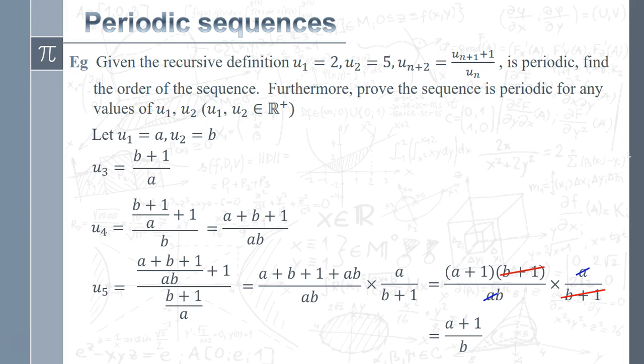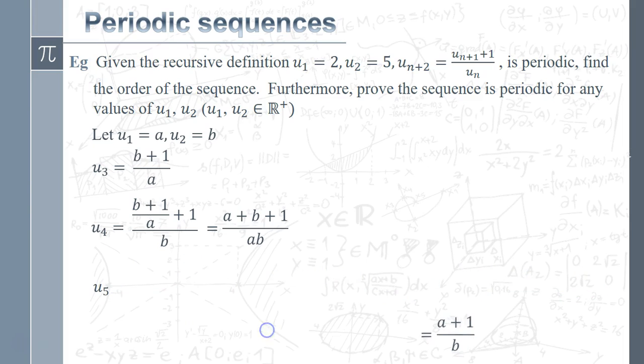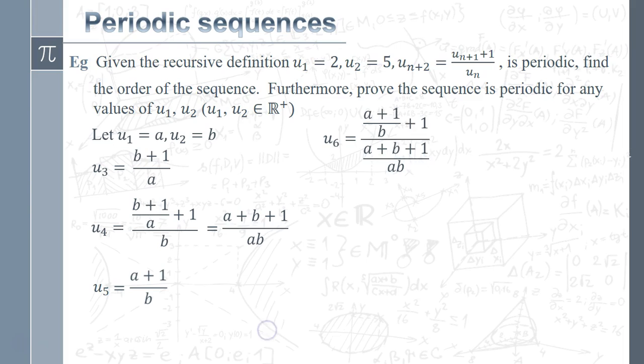What we've got to do, we are looking for this to become periodic, so we're looking for this to get back to a term at some point being a and a term at some point being b. We're going to have to keep going. We're at u5. If we remember rightly from the previous slide, this is when it started repeating, so hopefully, let's see what happens. There we go, we've got a plus 1 over b plus 1, and then the term prior to that, this one here, is u4.